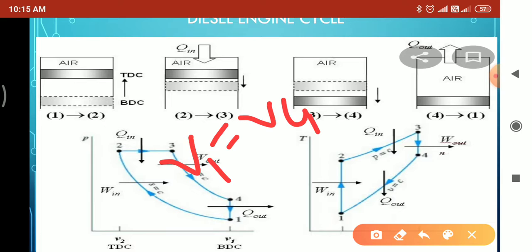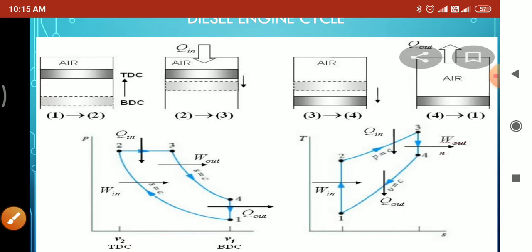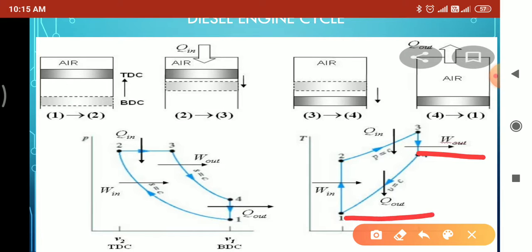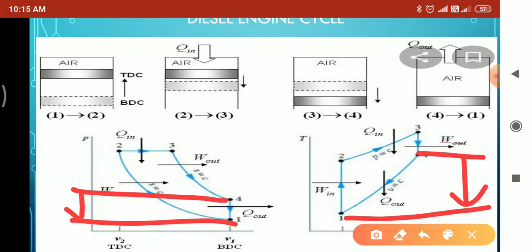Heat is rejected by the air, which means heat goes out from the air to the outside. This is the amount of temperature drop, and this is the amount of pressure drop.